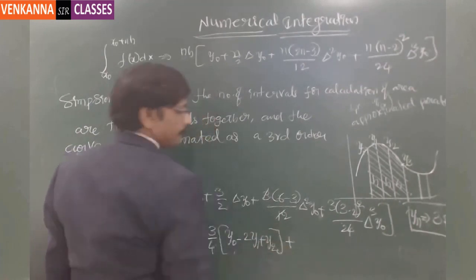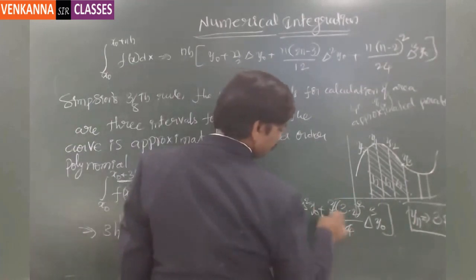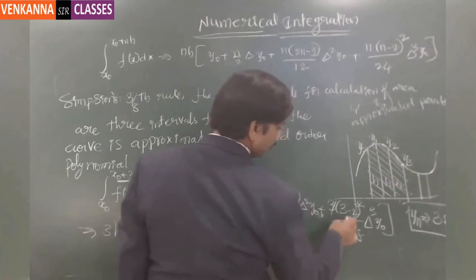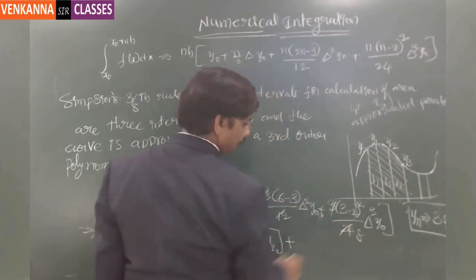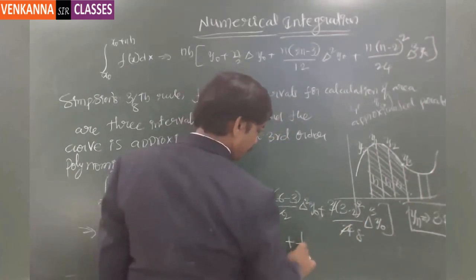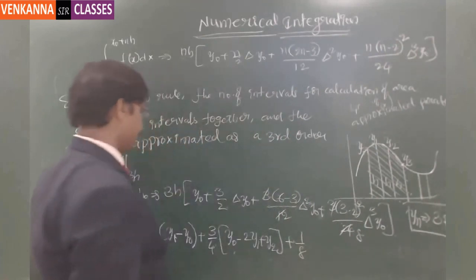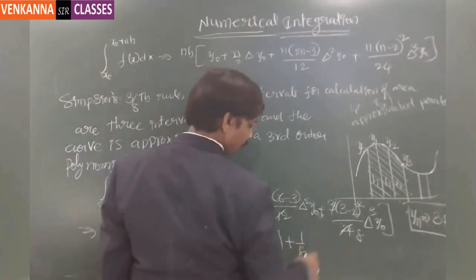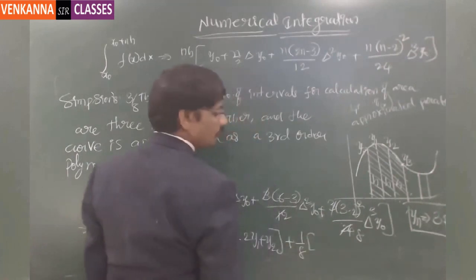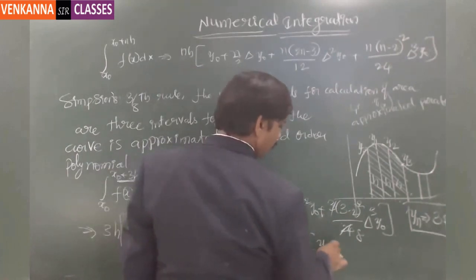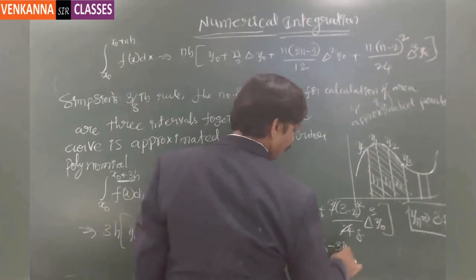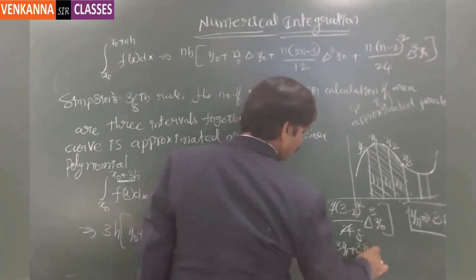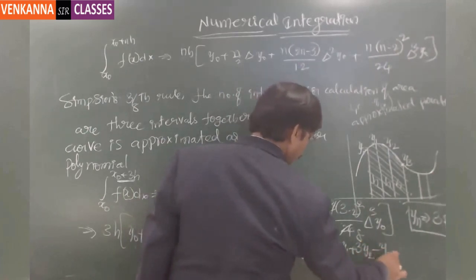And then plus 1 by 8 times delta cube y0, since 3 minus 2 is 1, which is y0 minus 3y1 plus 3y2 minus y3.